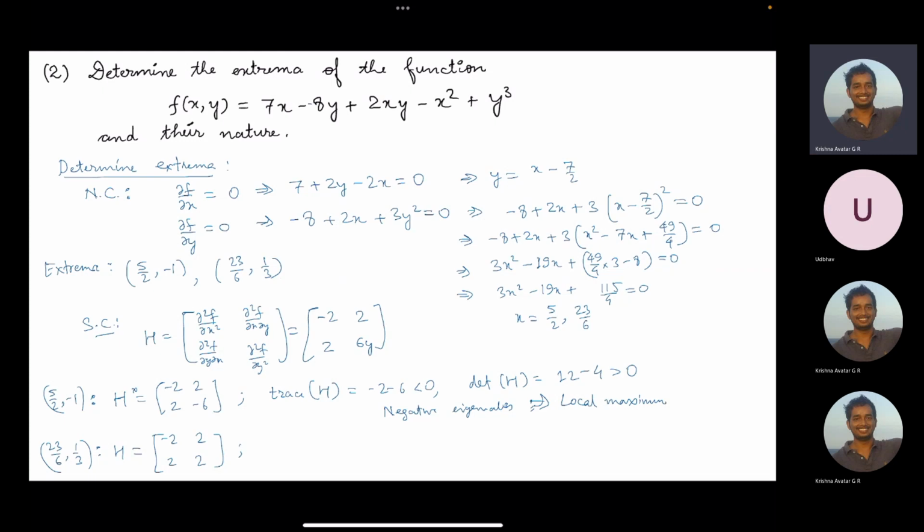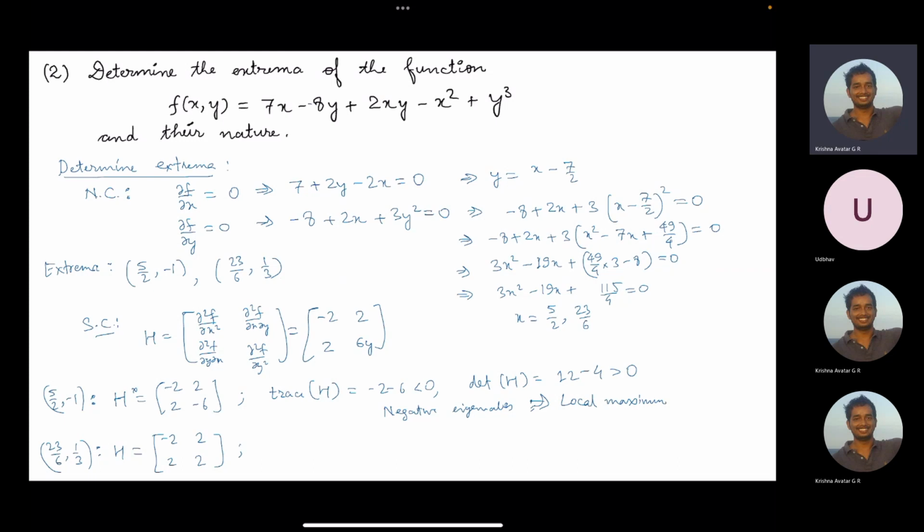This implies that y is equal to x minus 7 by 2. And del f by del y is given by minus 8 plus 2x plus 3y squared equal to 0. This means minus 8 plus 2x plus 3, and then we substitute the value for y from the above equation, equal to 0.